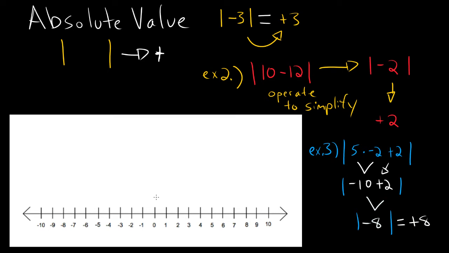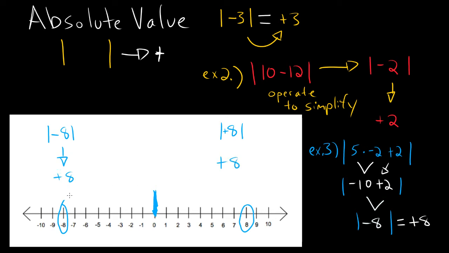So taking a look here on the number line, which is why I had it up, if we see that there is a 0 spot, I could have the value 8 on this side, so I'm just going to circle 8, and I could have the value of -8 on the other side. And notice if I take the absolute value of -8, and I take the absolute value of +8, and I'll just put a positive here just so that you're reminded that it's +8, they're both going to become +8 in an absolute value.